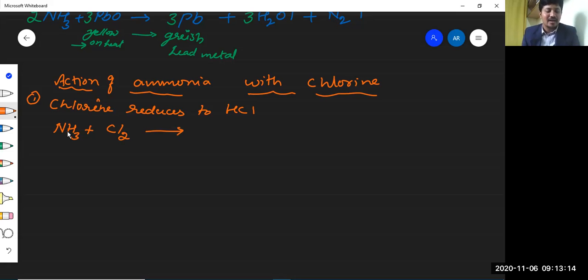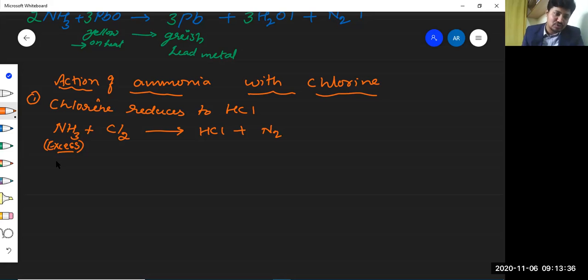Here I am taking excess of ammonia, treating it with chlorine. What does it produce? It produces HCl plus nitrogen gas. This is the first step.